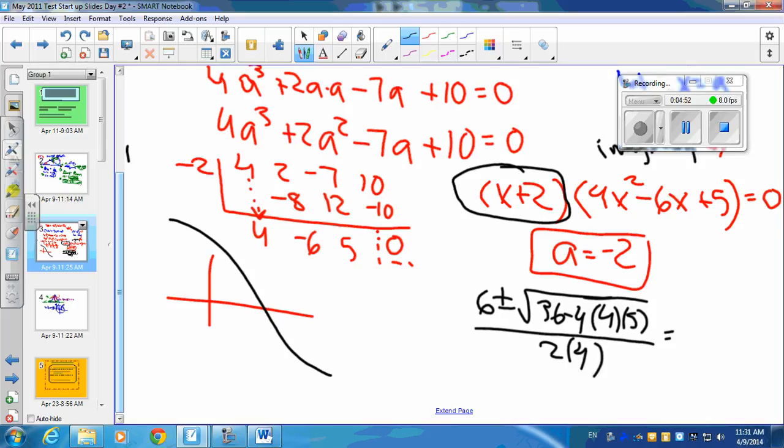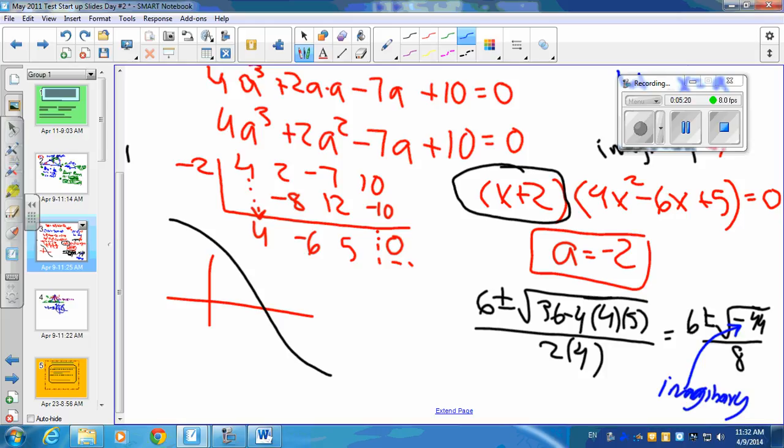And this will be 6 plus or minus the square root of, what's 36 minus 80? Minus 44. Is this going to be real or imaginary? That's negative. Imaginary. So no real roots are going to come out of this.